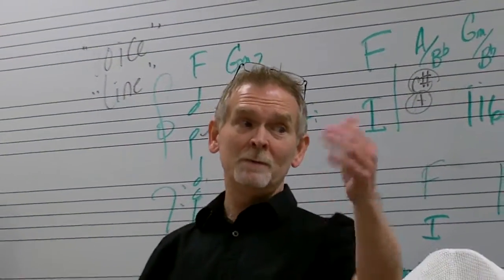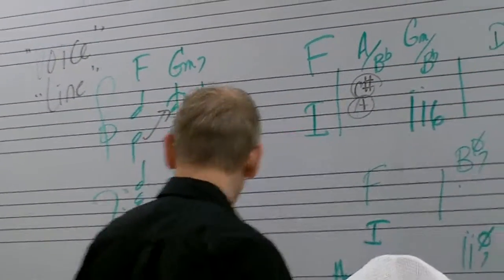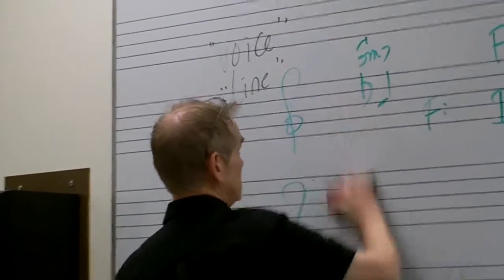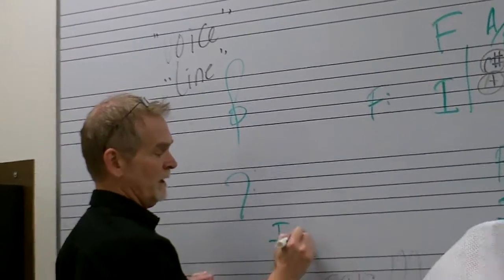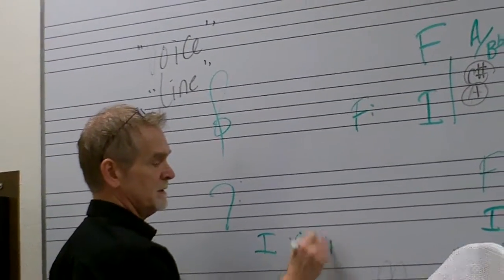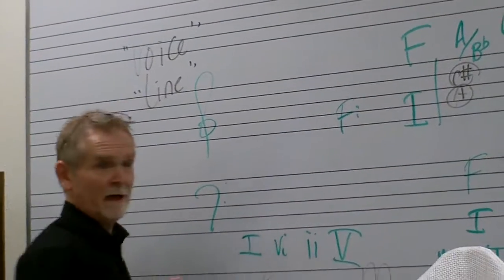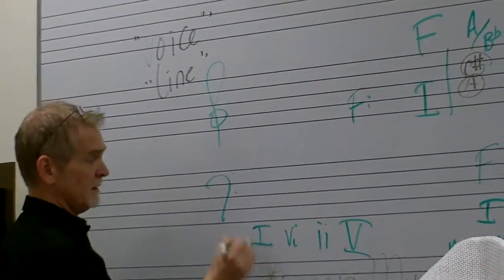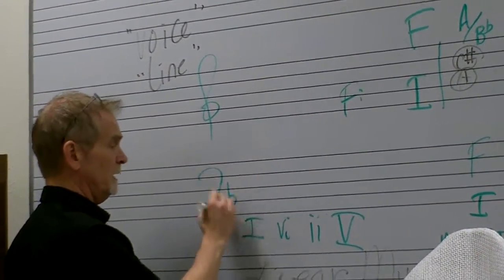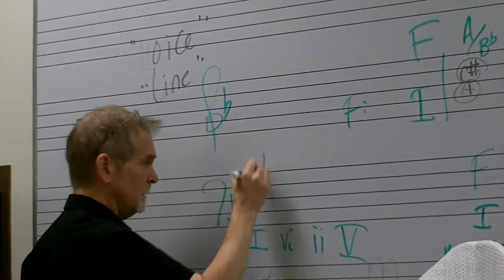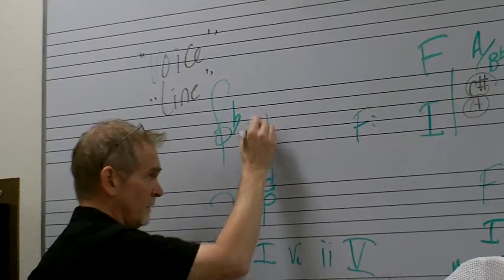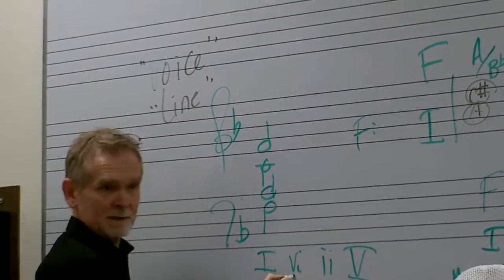But when you are doing part writing, because I know you guys, you would laugh at me if I was part writing 1, 6, 2, 5, and if I did my part writing like this, okay, I'm on a 1 chord in the key of F. I'm part writing that. C, F. Now I'm going to part write my 6th chord.